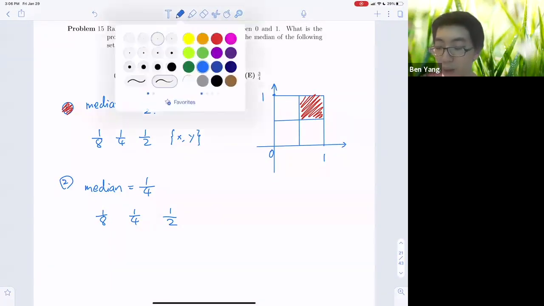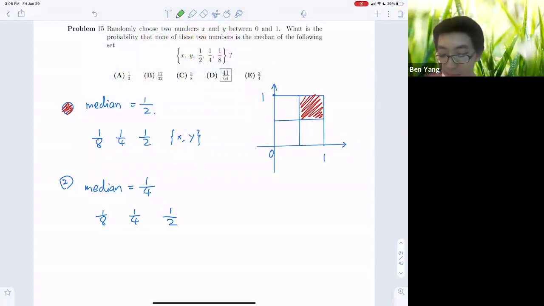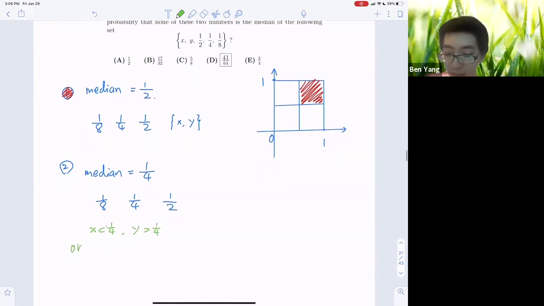So we have 2 cases. First case is x is smaller than 1/4, y is larger than 1/4, or x is larger than 1/4 and y is smaller than 1/4.